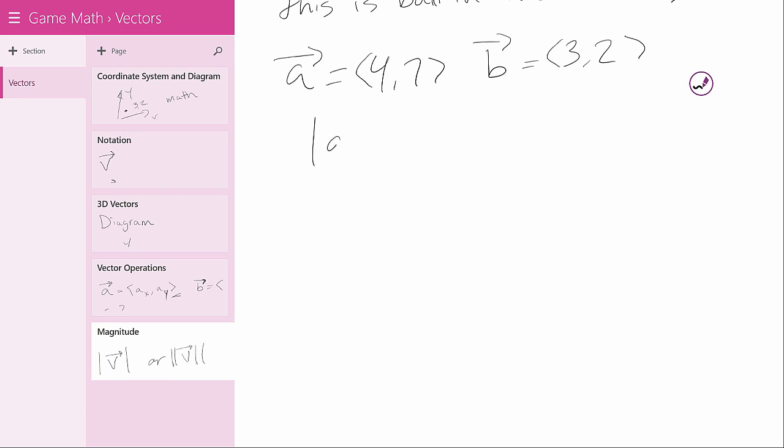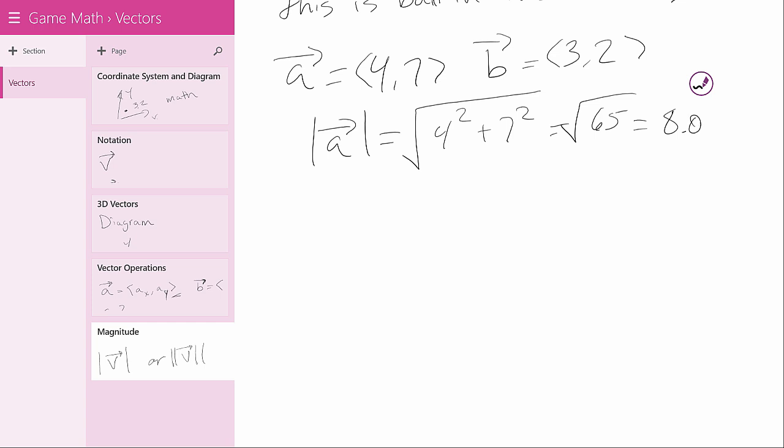Alright, so the magnitude of a is going to be 4 squared plus 7 squared, the square root of that addition, and that is equal to square root of 65, which is approximately 8.062.